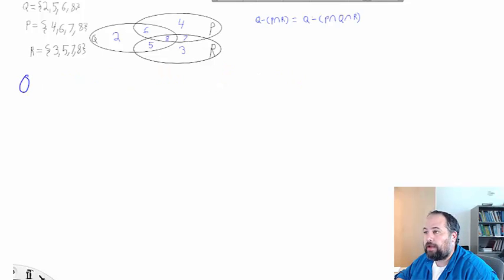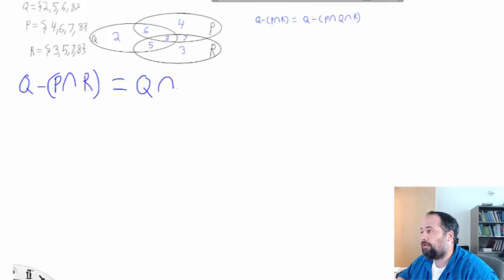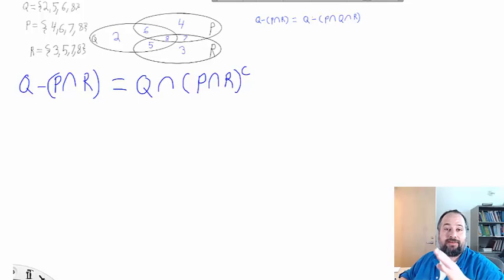And we'll start with Q minus (P and R), which remember is the same as Q and the complement of (P and R). Remember, in sets, when we say the complement, that is the same as the negation.